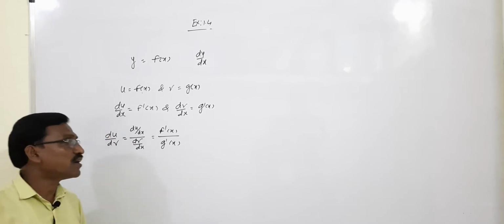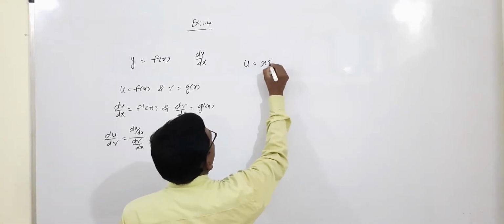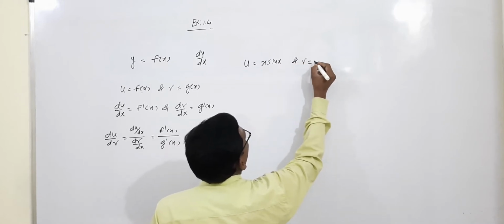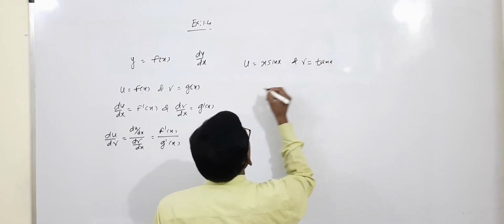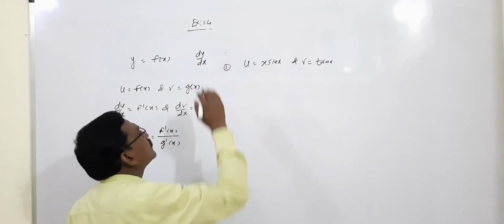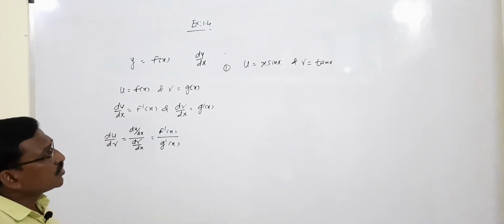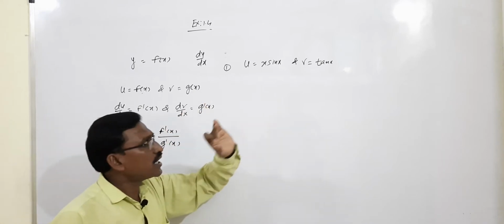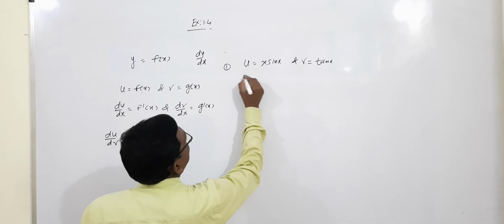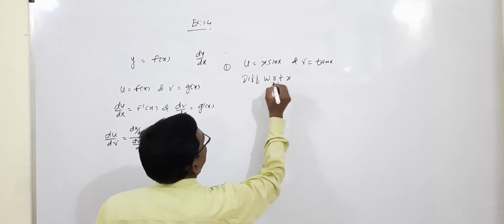Now we take an example. Suppose u equal to x sin x and function v equal to tan x. This is the first example. We differentiate the u function with respect to x and the v function also with respect to x.